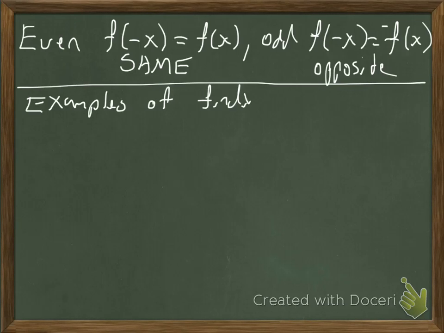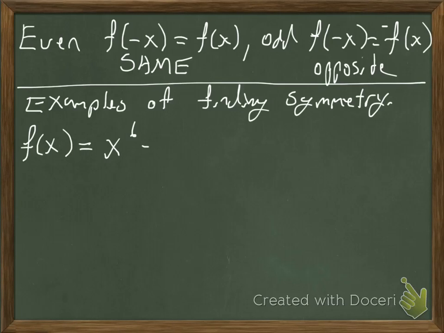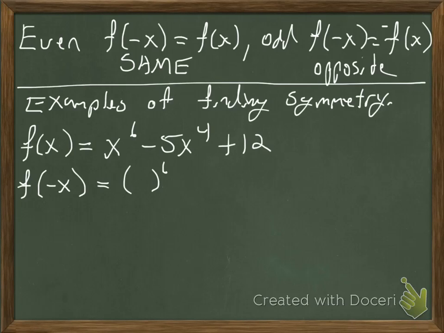So we'll say examples of finding symmetry, and they may just say that, and you need to decide whether it's quadratic or not. So f of x is equal to x to the 6th minus 5x to the 4th plus 12. And we're going to plug negative x in, so we're going to replace each x with a negative x.